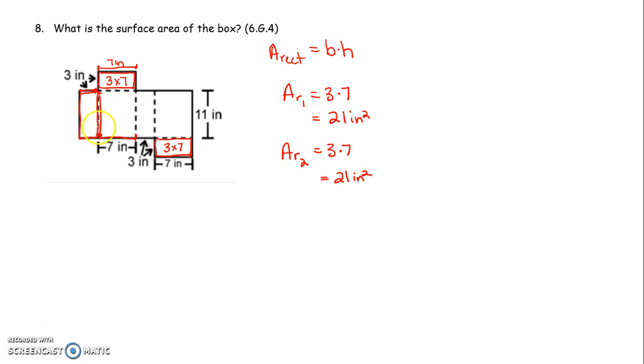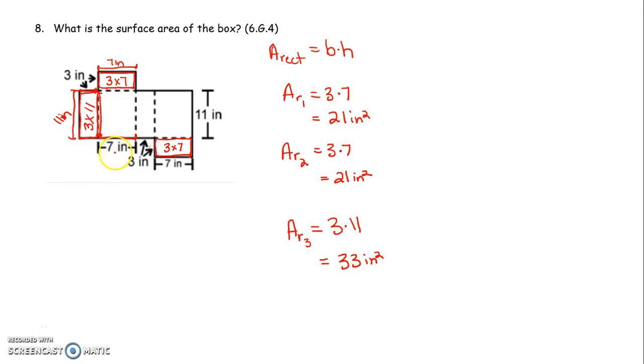So that edge right there has to be 11 inches. So to find the area of that rectangle would be 3 times 11. I'll call that rectangle 3. So the area of rectangle 3, base times height, would be 3 times 11. And what's 3 times 11? Well, that's 33 square inches.